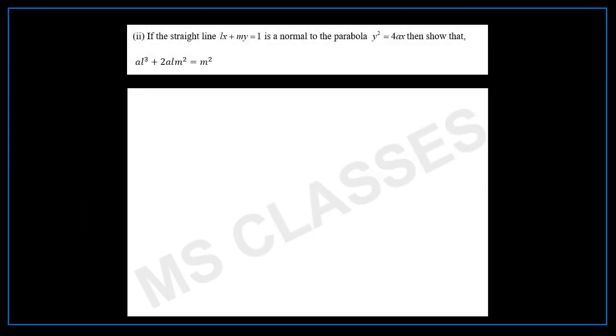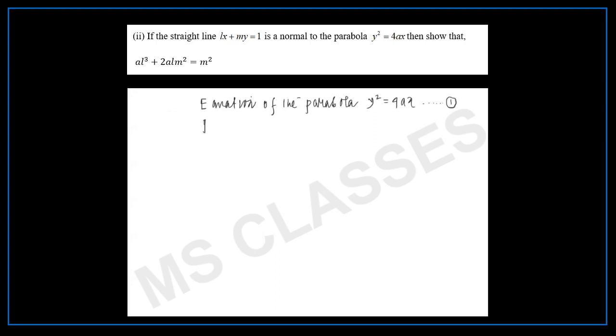Equation of the curve given is a parabola, y square equal to 4ax, which we mark as equation 1.